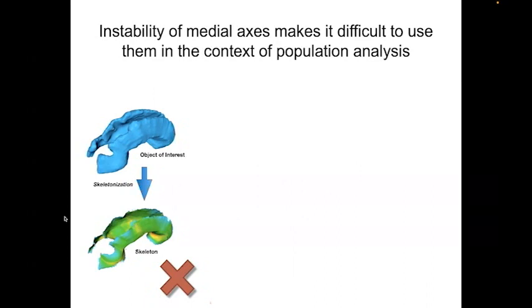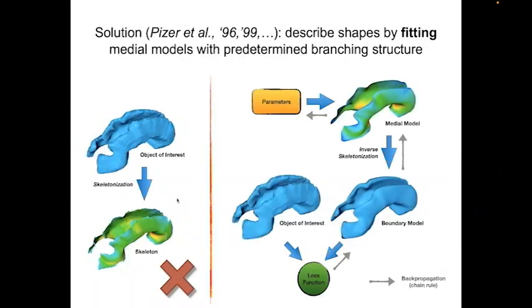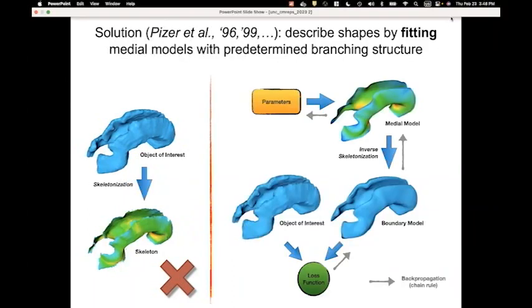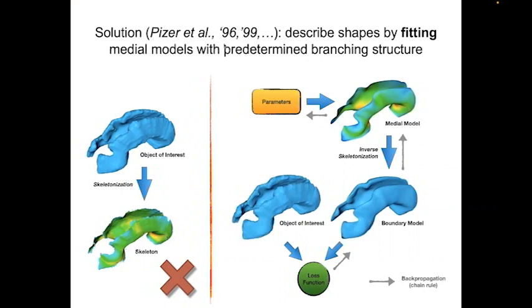You're not going to be able to fit it perfectly because the object of interest has its given skeleton, but you can, in many cases, fit it very closely. You might fit it with 95% dice overlap or something like that, while preserving the medial structures.